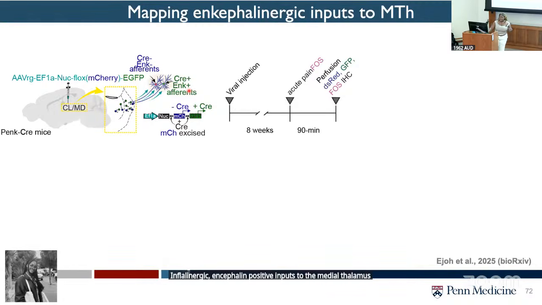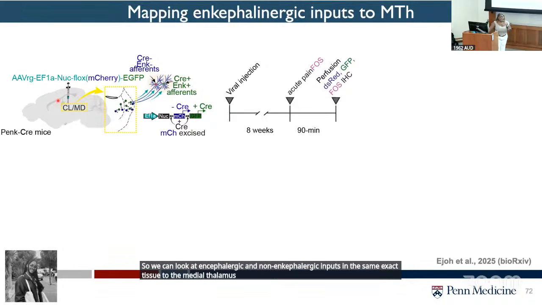And in the absence of Cre, the inputs to the thalamus that are non-enkephalinergic are going to express mCherry, or in this case, it's going to be blue. So we can look at enkephalinergic and non-enkephalinergic inputs in the same exact tissue to the medial thalamus, or in this case, the CLMD.